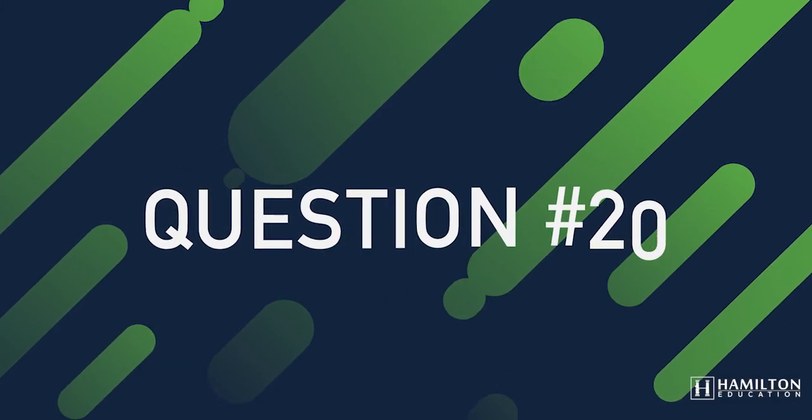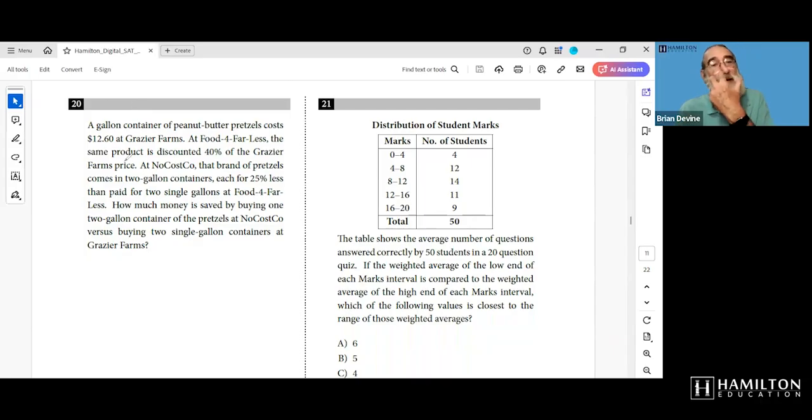Number 20. In number 20, a gallon container of peanut butter pretzels costs $12.60 at Grazier Farms. And at Food for Far Less, the same product was discounted 40%. Now, remember, that would be then 60% of, if I take 40% off.